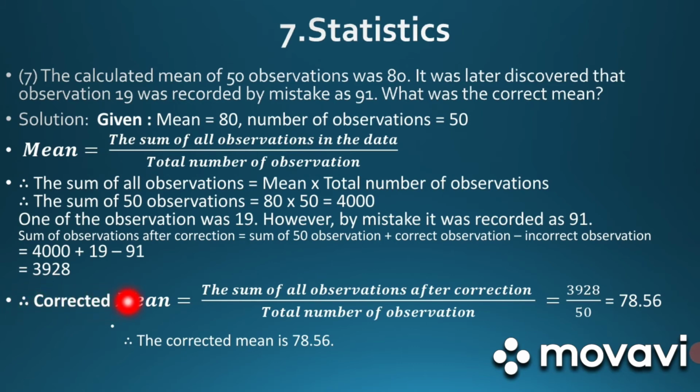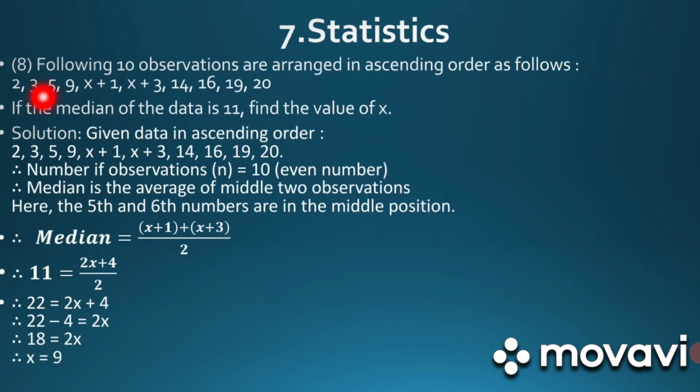Therefore, the corrected mean is equal to the sum of all observations after correction upon the total number of observations, which is equal to 3928 upon 50 and which is equal to 78.56. Therefore, the corrected mean is 78.56. Let us solve question number 8.